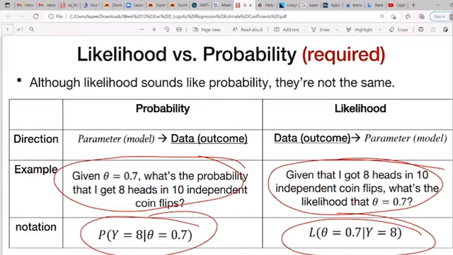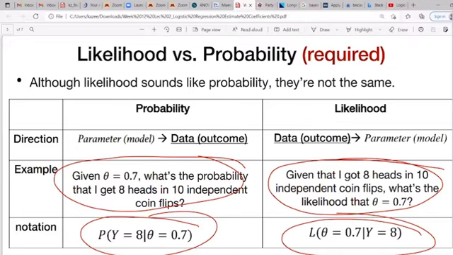And you know what? Why am I explaining this? I'm explaining this because I told you we use the method of maximum likelihood in estimating the parameters of the logistic regression model, and I wanted to say the difference between the likelihood and the probability.